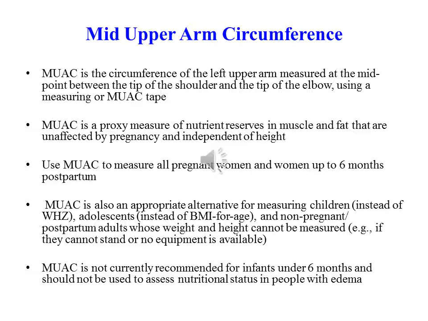Mid upper arm circumference is also an appropriate alternative for measuring children instead of weight for height Z-score, adolescents instead of BMI for age, and non-pregnant postpartum adults whose weight and height cannot be measured if they cannot stand or no equipment is available, or suppose some person is disabled and cannot stand. And it is currently not recommended for infants under 6 months of age and should not be used to assess nutritional status in people with edema.